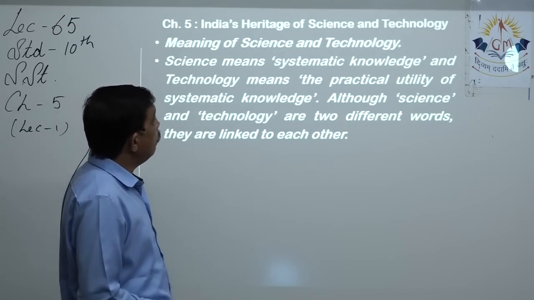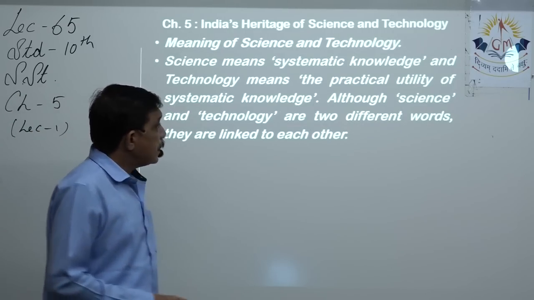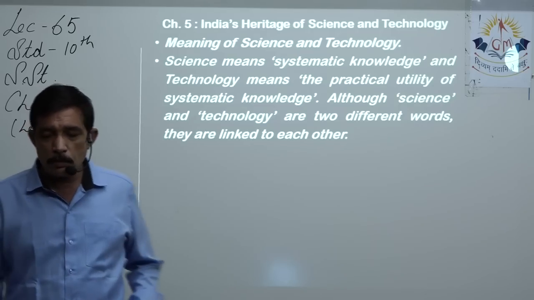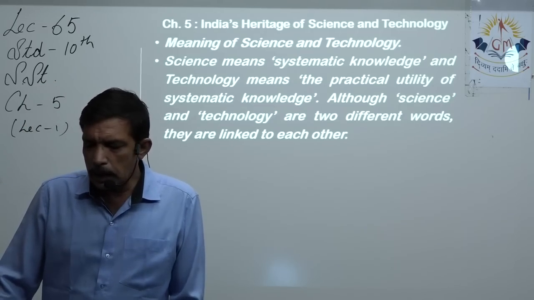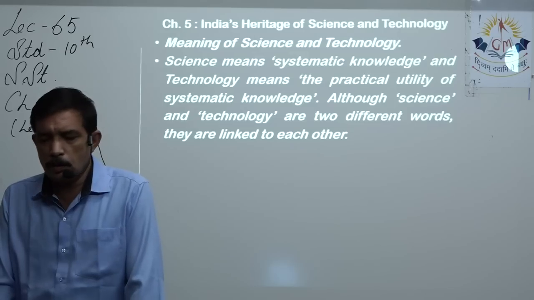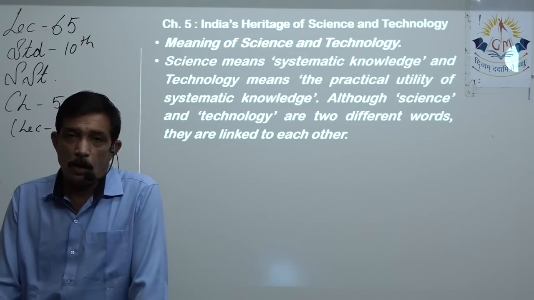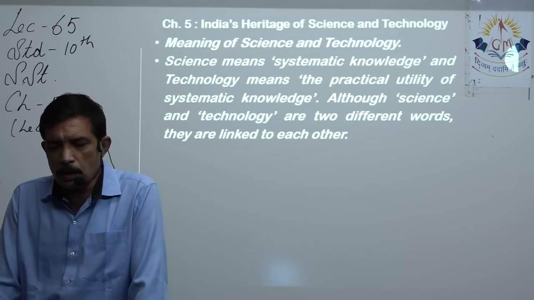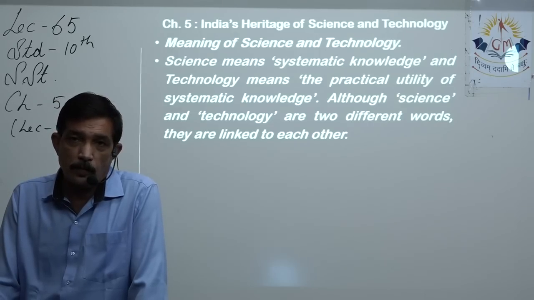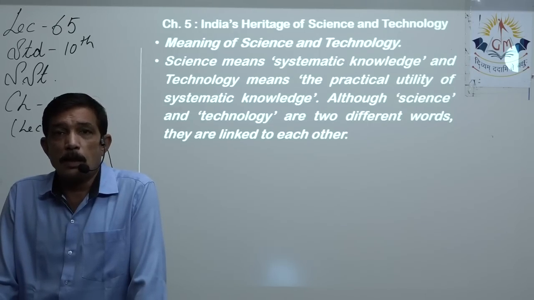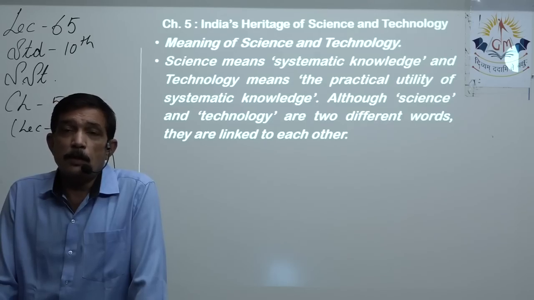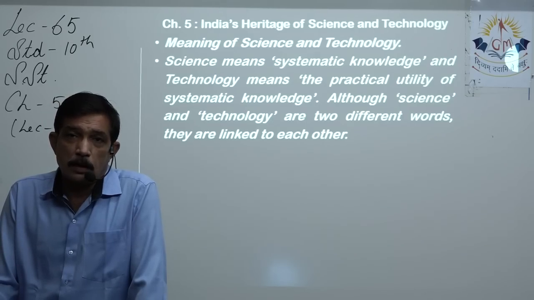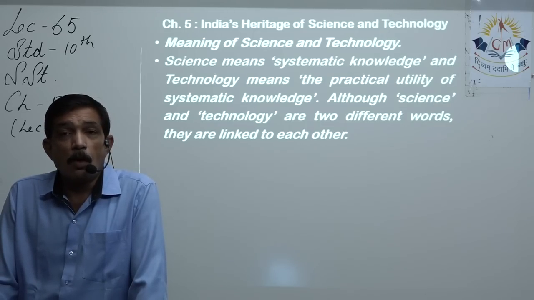Now we come to the meaning of science and technology. Science means systematic knowledge, and technology means the practical utility of systematic knowledge. Now what is a systematic knowledge? If you know about magnets, then you can make lots of practical things working on magnets.